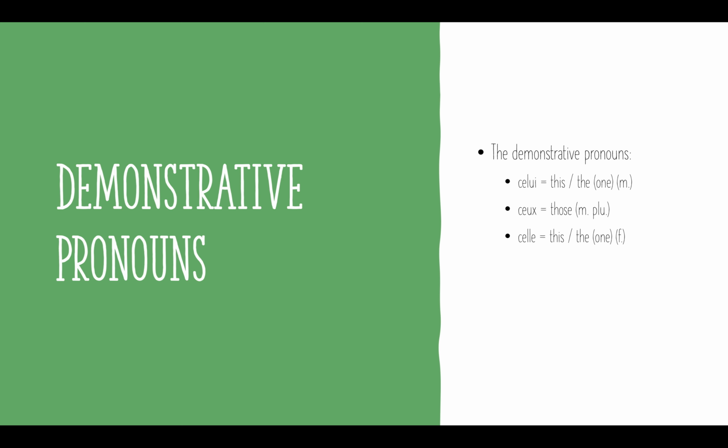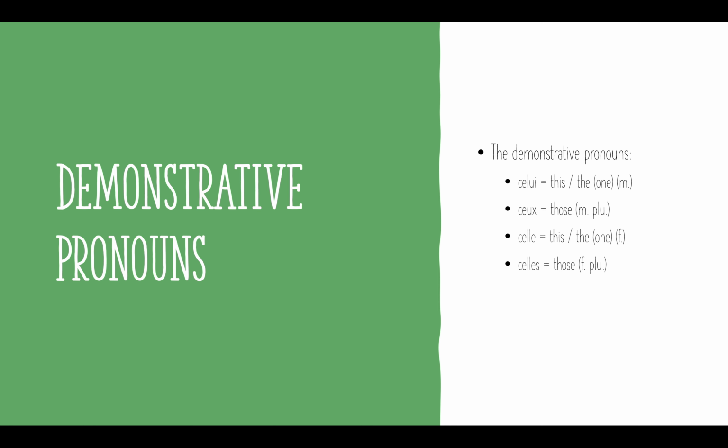Celle, this, the one, and celles, those. And they can mean these as well, but I'm going to show you specifically how to do that. So they mean the same thing, it's just that you have your feminine forms, your masculine forms, and your plural forms, okay? Celui is masculine, celle, feminine, ceux and celles, masculine, feminine.